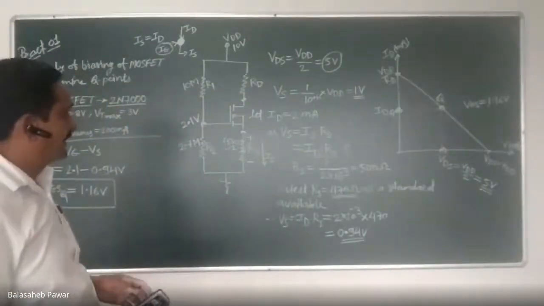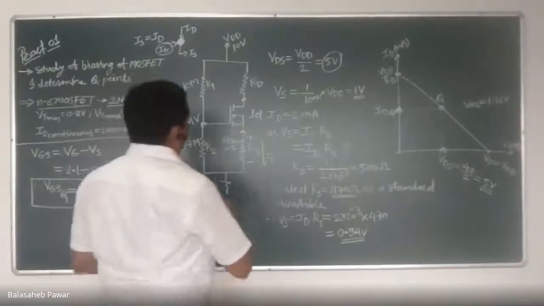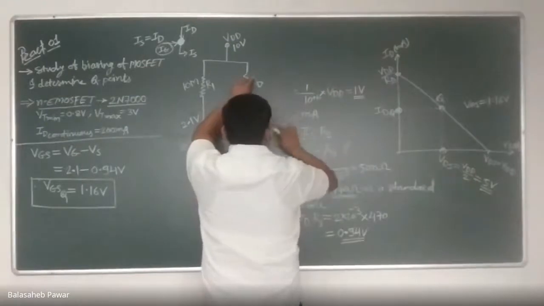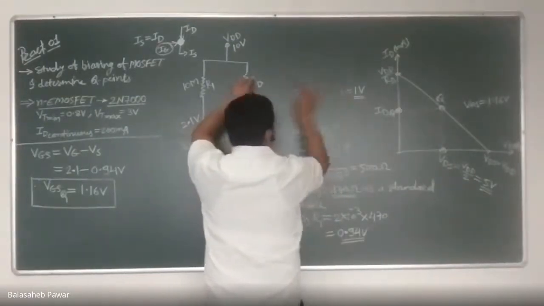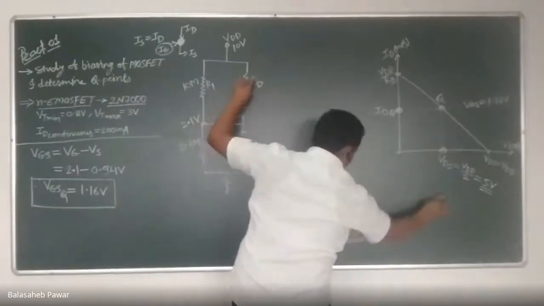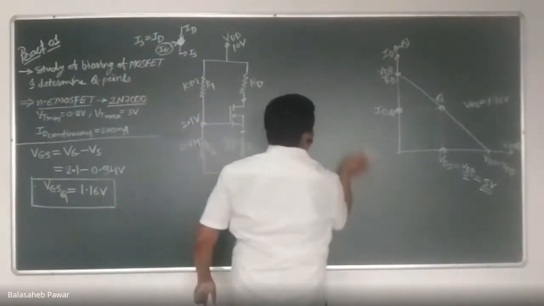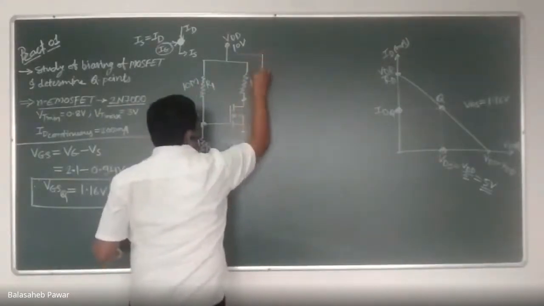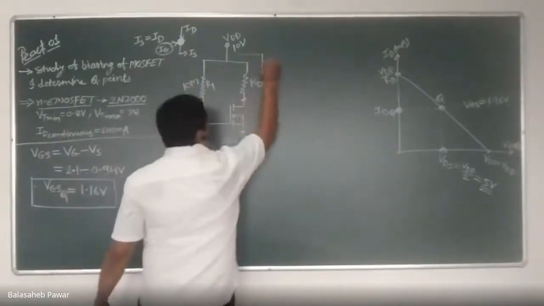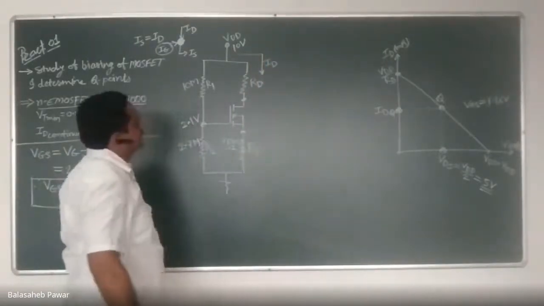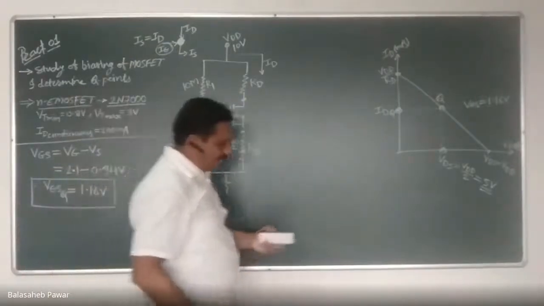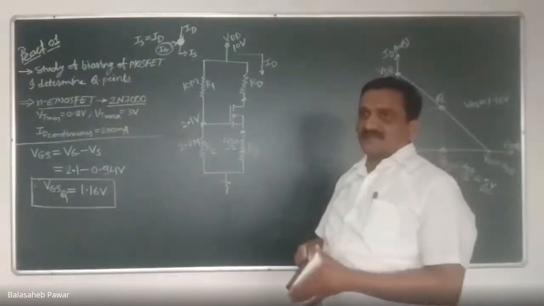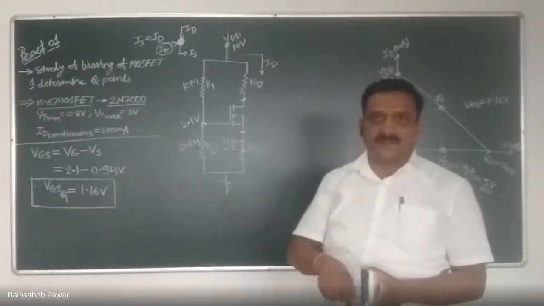Is it clear? Now one more thing is remaining, and that is RD, the value of this drain resistance. Write down, by applying KVL to the output. As per the KVL, total applied voltage source equals total drop in that loop, remember.